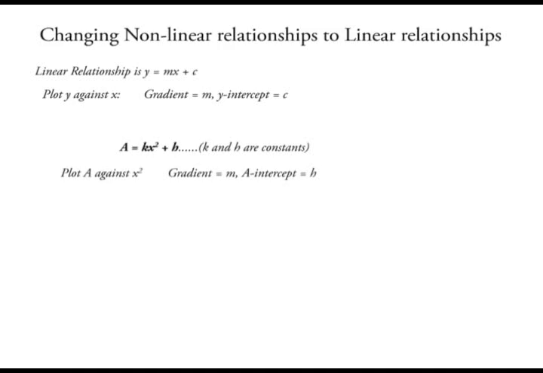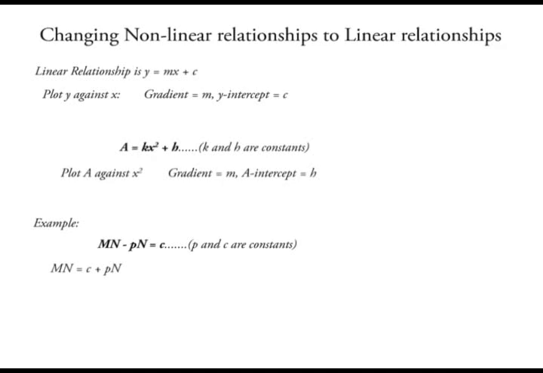Sometimes the equation may not be as direct, that is, it may not directly relate to y = mx + c. In such cases, we rearrange it to a linear one. For example, mn - pn = c, where p and c are constants. If we rearrange, mn = c + pn.